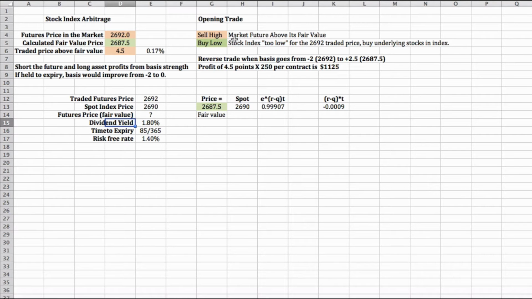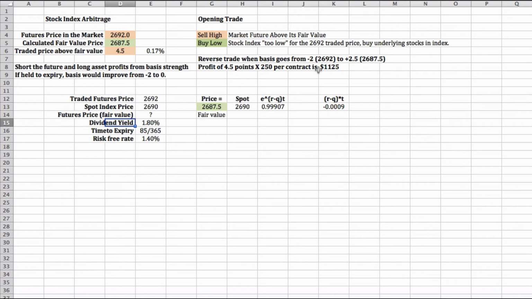So if we were to set up this arbitrage, we would typically reverse it, undo the buying of stocks by selling them, undo the selling of futures by buying the future when basis reverses. If we went from -2 basis back to fair value basis of +2.5 that day, we would definitely want our 4.5 point profit.